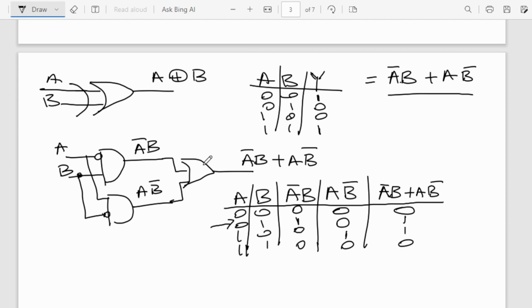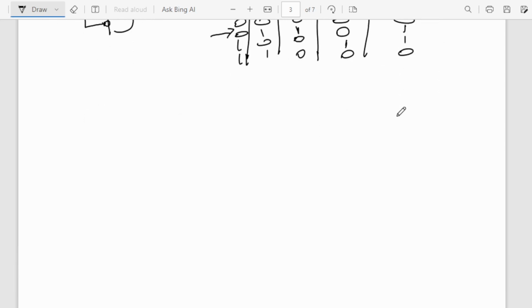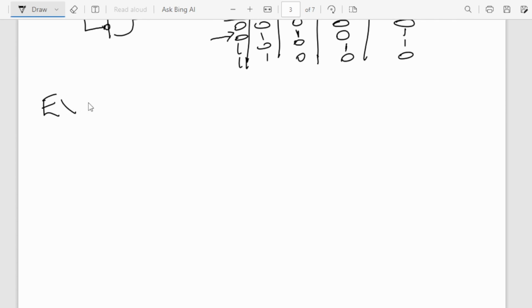So let's go ahead and apply DeMorgan's theorem to this expression so we can get the exclusive NOR gate. Now keep in mind the exclusive NOR's output is going to be the opposite of the exclusive OR. So let's go ahead and do that. So for the exclusive NOR, it's going to be the same thing as the exclusive OR.